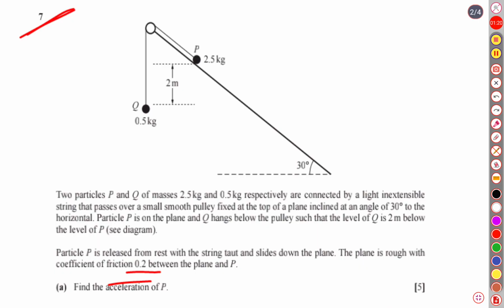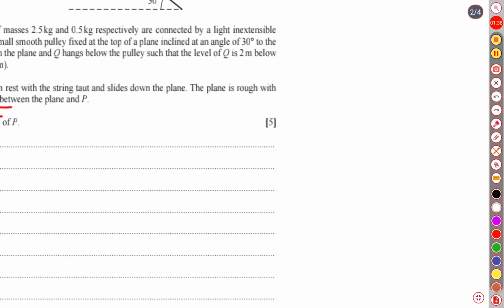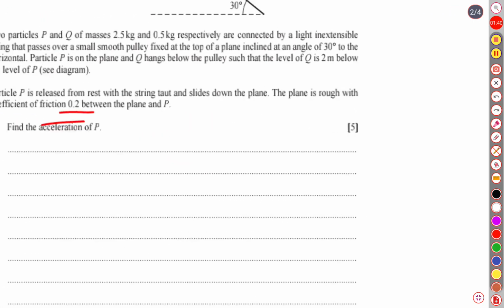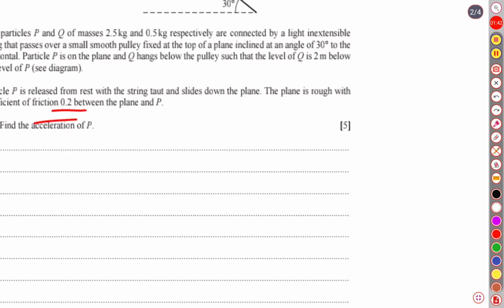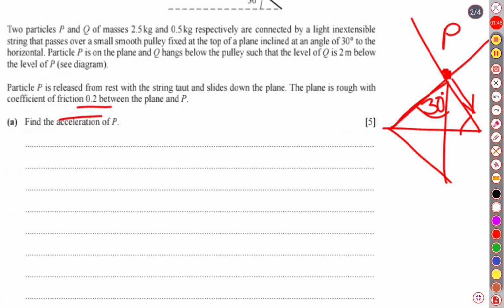So there are two particles. That's why we are going to resolve them individually. First of all, let me draw a figure for particle P. Suppose this is the particle P which is sliding down.